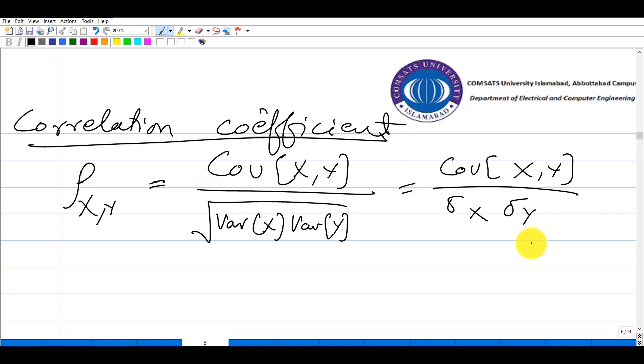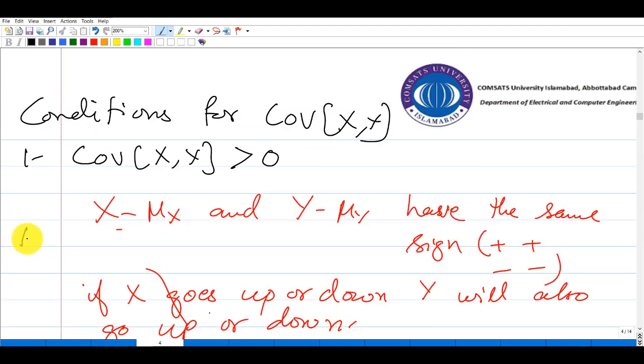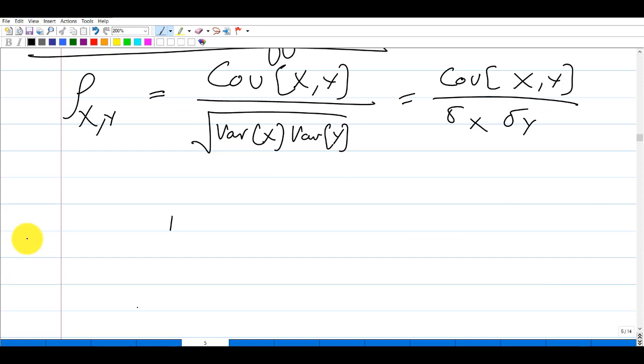So we have certain more properties of the covariance and the correlation coefficient. That is defined as theorem 5.13.